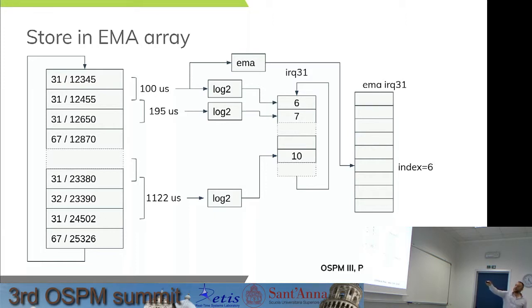For every value falling in the same interval, we compute the average. So if we have 98, 104, whatever, the log2 always gives 6, so we use index 6 in the table and compute the exponential moving average for this interval.